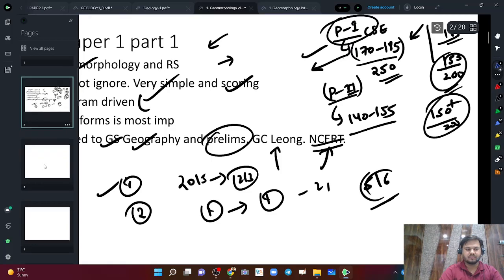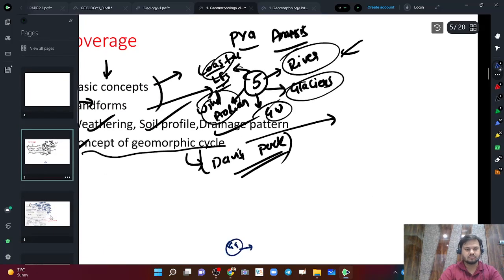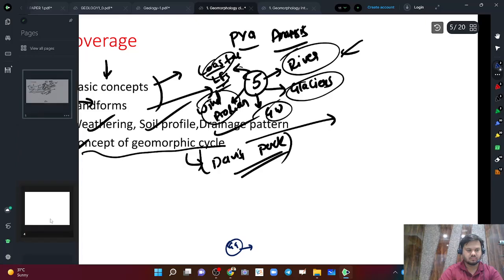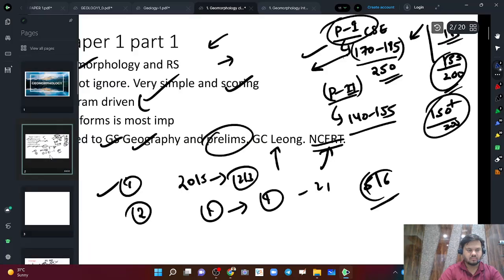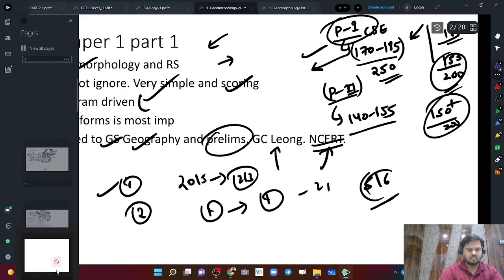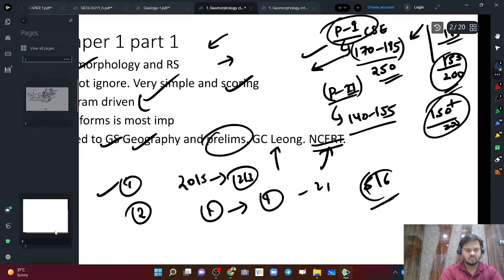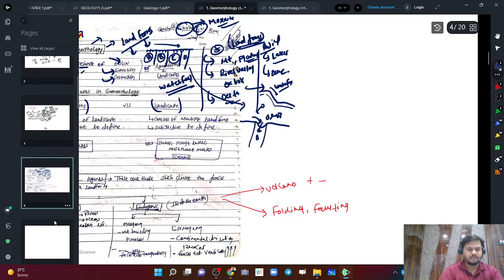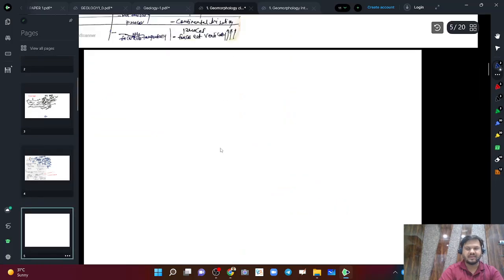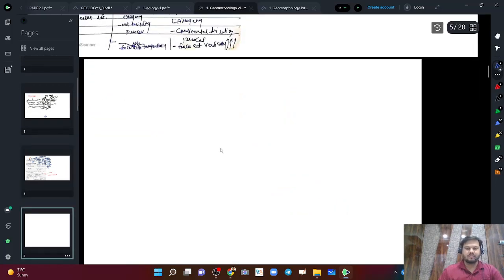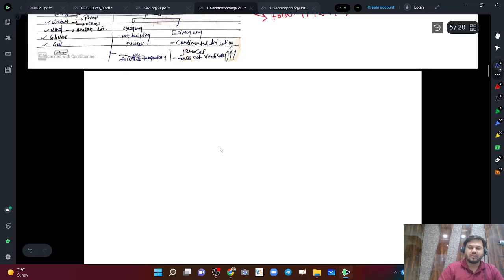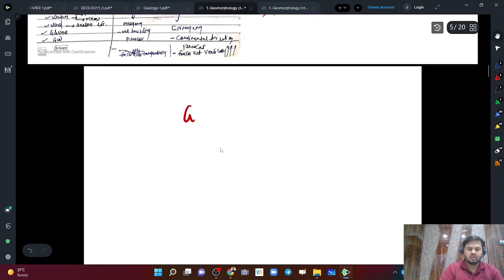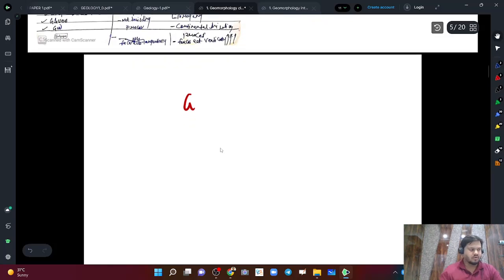So see, basically, suppose you have been to a location, maybe you have been to Gangotri, or maybe to Mussoorie, some hill station, right?